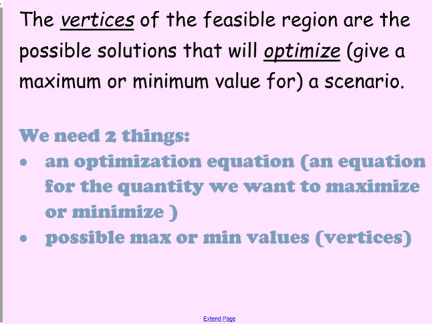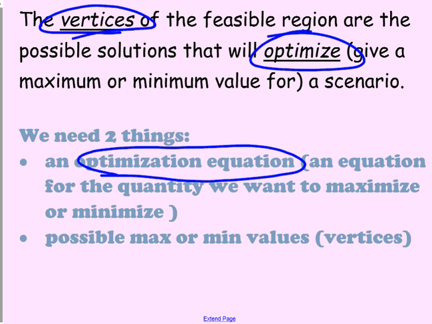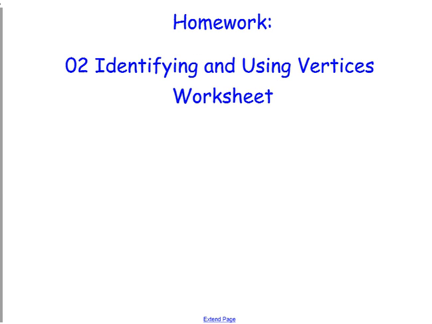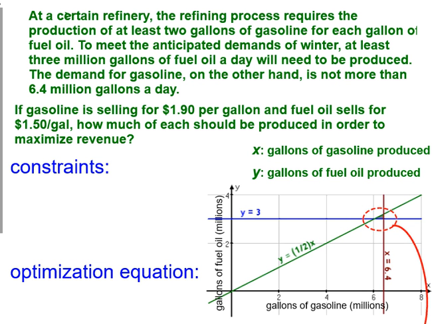Okay, so the vertices, the corners, will optimize your optimization equation. And I already did all of this with you, but I just want to show you another scenario right here. Here was our little corner where they all crossed. That's got 3 different spots, which all could be our best case scenario.